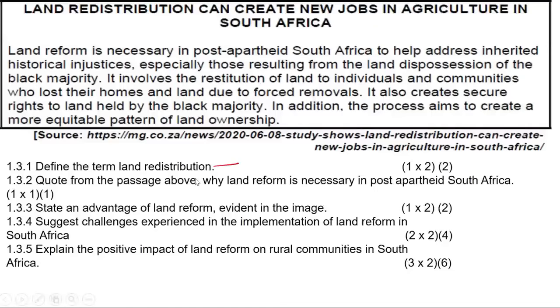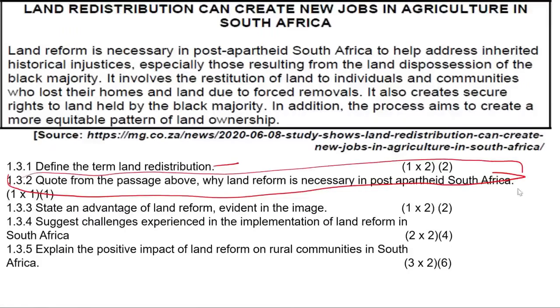Quote from the passage above, land reform is necessary in post-apartheid. This is directly from the extract, but remember we are preparing for a new examination. It's not going to help us a lot to just go through that extract because you're going to get a new extract. So what's important is that we look at the concepts there.